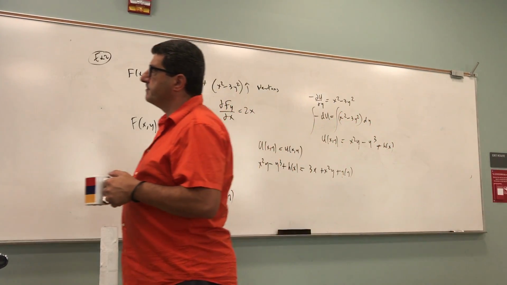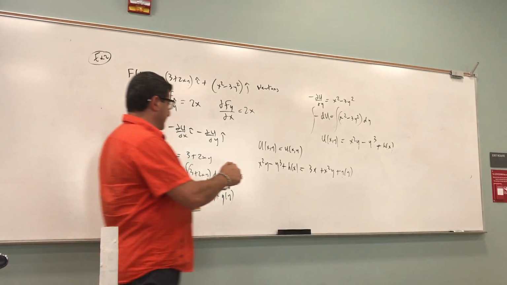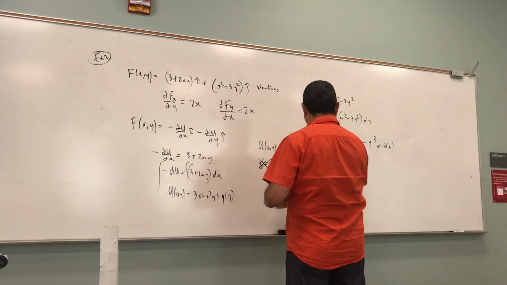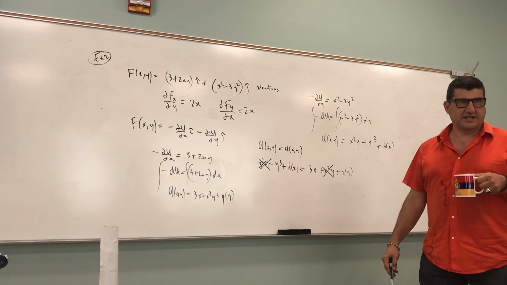You cancel out the x squared y, and then you spell out what the function is. Yeah, you see the x squared y matches x squared y. And then what should g of y be? The other function. Yeah, there you go. This one cancels this one. Have you guys done this in Calc 3? Yeah?